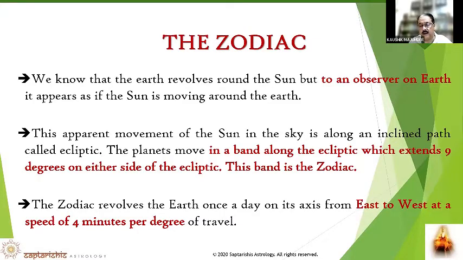Similarly, the zodiac, the sun's path, also moves from east to west, and the speed is 4 minutes of travel per degree. Now, this zodiac, being a circular shape, is of 360 degrees.